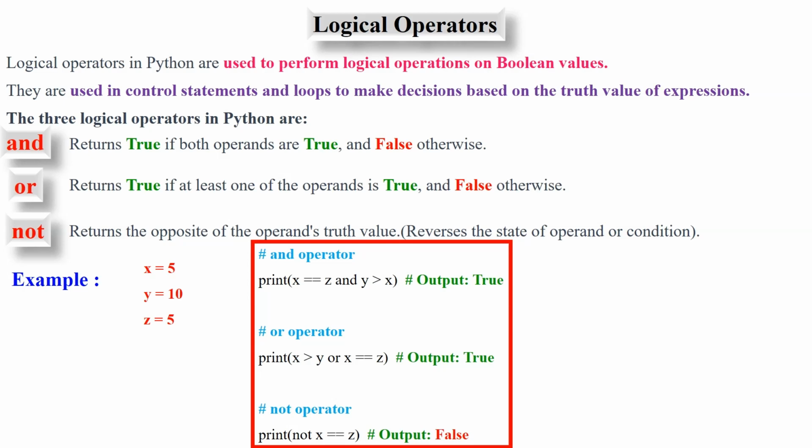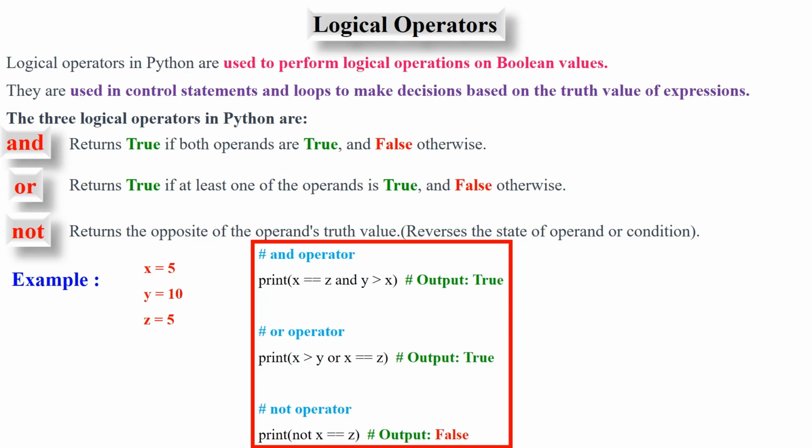In the second print statement, it evaluates the expression x greater than y or x equal to z. The OR operator performs a logical disjunction. It returns true if at least one of the operands is true, and false if both operands are false. In this case, the expression x greater than y evaluates to false because 5 is not greater than 10.